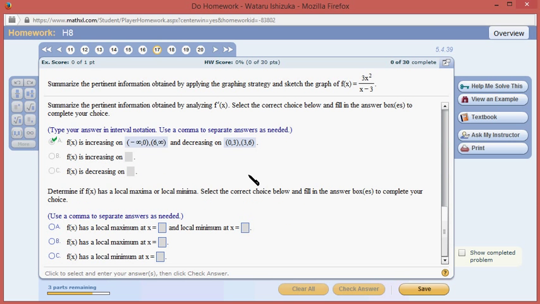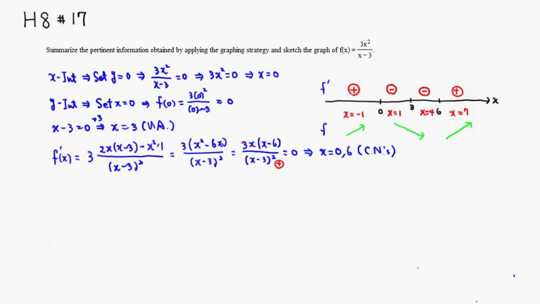All right, then we want to look at local max and local minimum. So let's look at the number line here. We have increasing, decreasing behavior. So it's increasing turning into decreasing, so we can see that this is the top of the hill. So this is going to be a local maximum.